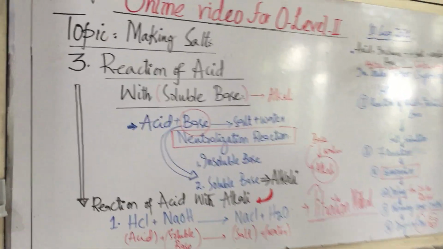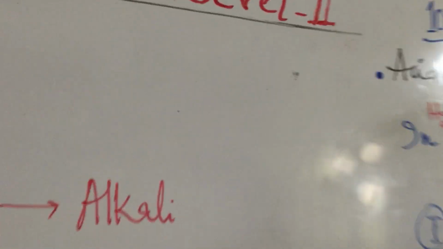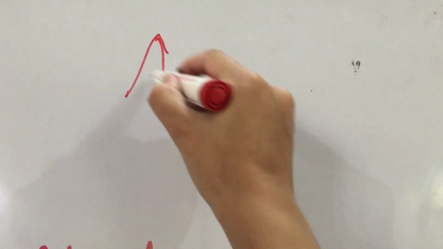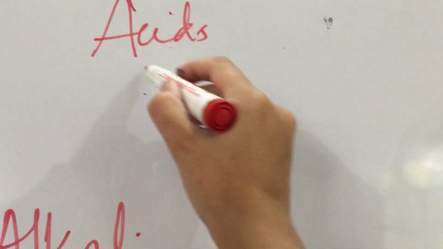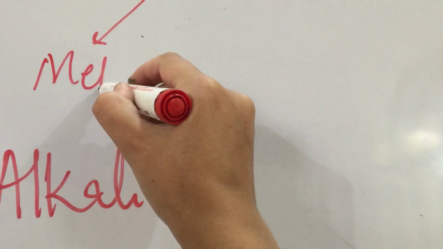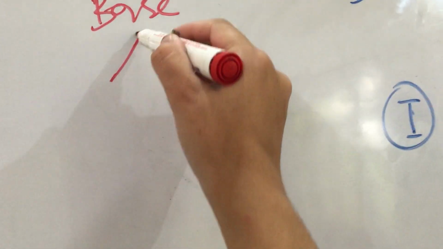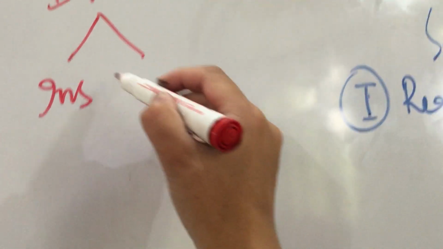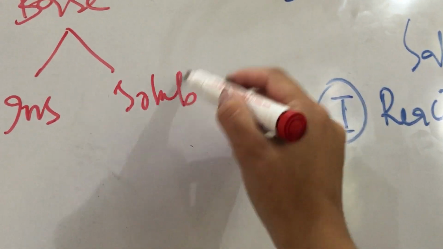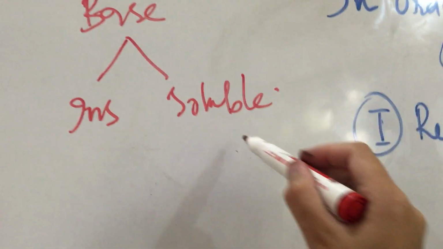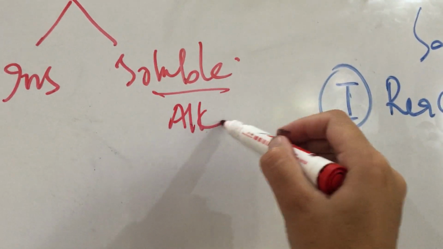We can react our acids with metals, with bases. A base can be an insoluble one, it can be a soluble one. The soluble one is also termed an alkali.